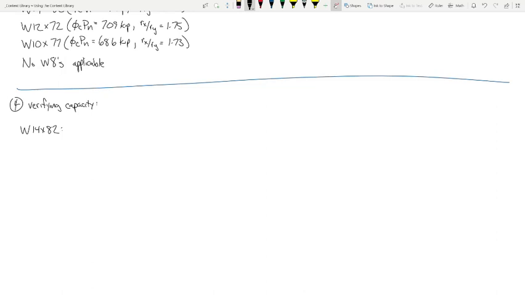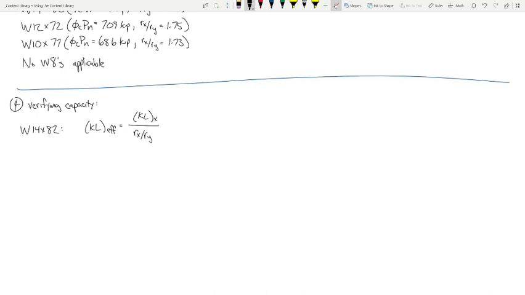Okay, KLY is 16 feet. Now, what we're doing here is checking the strong axis. In order to check the strong axis, what I need to do for the W14 by 82 is compute KL effective. The way that I do that is I take KL about the x-axis and I divide it by that ratio.